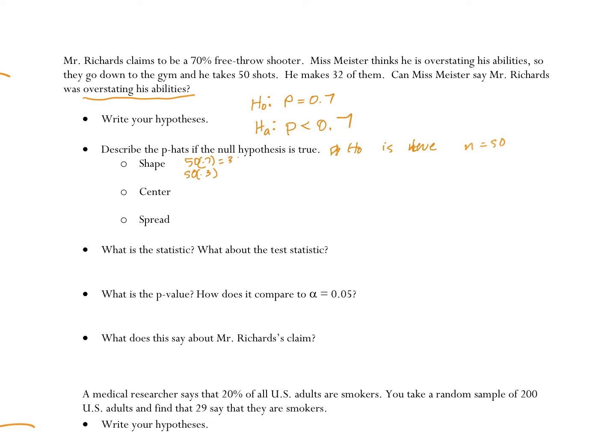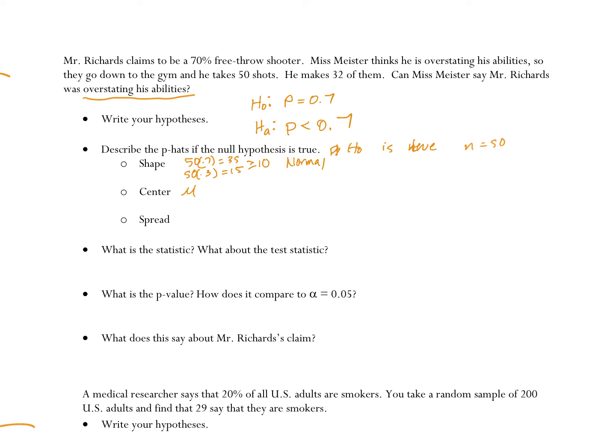That works out to be 35 and 15. So, what do you guys think? Is that a good thing? 35 and 15? Normal. They're greater than or equal to 10, so we can say that the normal condition is met.